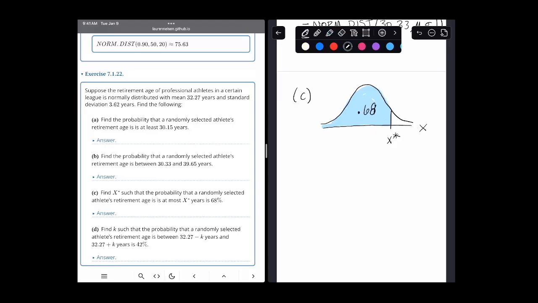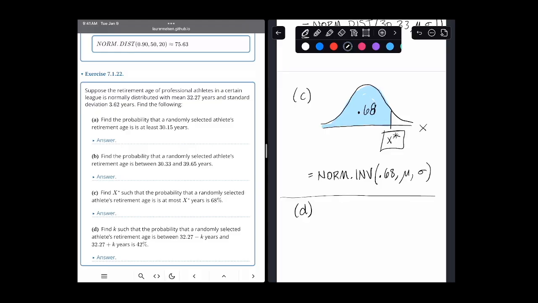So here, I know the probability and I want the X star, which means I would use norm.inv instead of .dist. And I would plug in that area to the left and then plug in the mean and the standard deviation, and that would give me that X star.